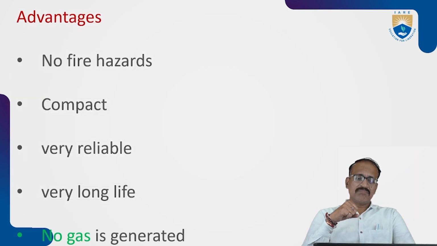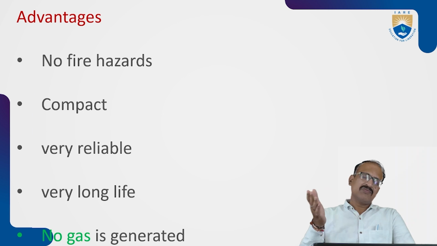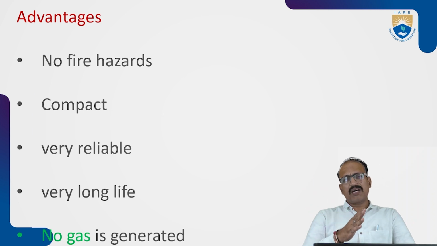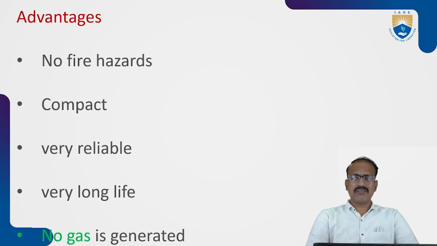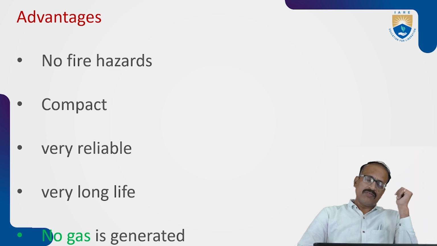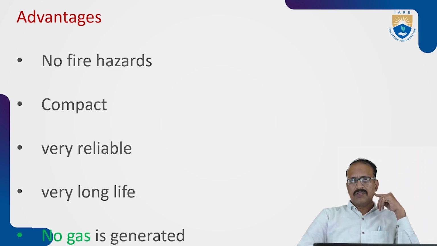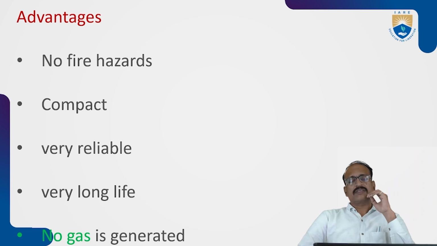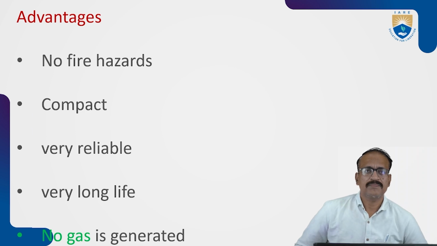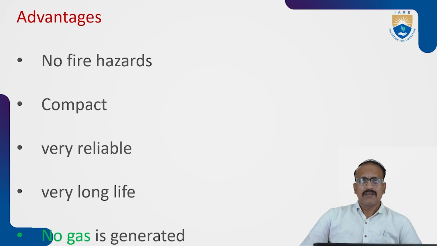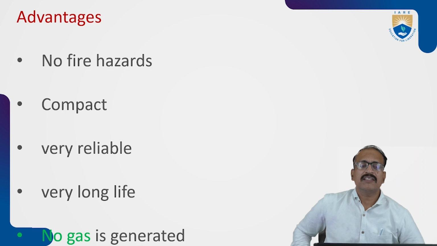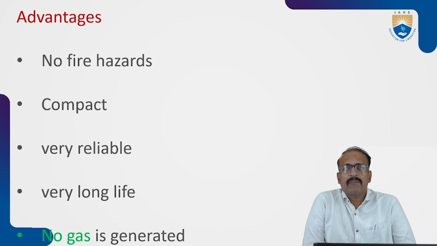So what are the advantages? This has the highest advantage over the remaining previous ones, because, simply, it is the vacuum circuit breaker. So there are no fire hazards. Fire hazards cannot exist. And it is compact.